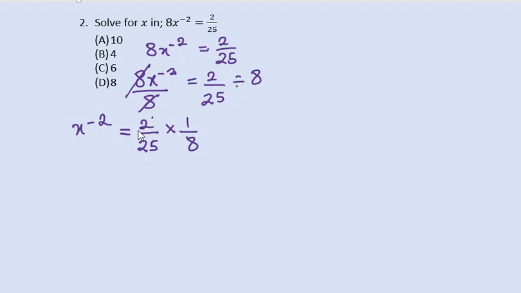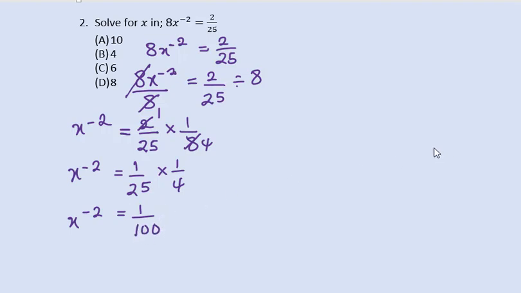So we can cancel out. 2 here is 1 and 2 here is 4. Let me just write it out so it doesn't look messy. So 1/25 multiplied by 1/4. From here, we can now have that x^-2 is equal to 1 multiplied by 1 is just 1, and 25 multiplied by 4 is 100, right?